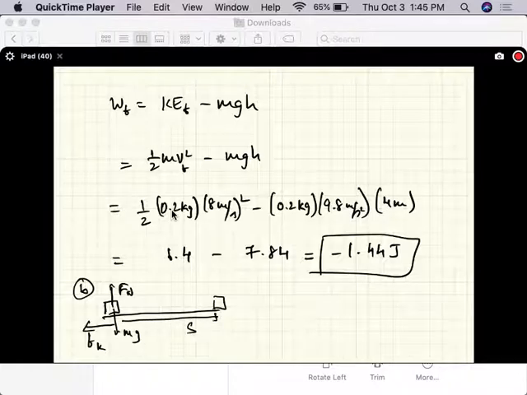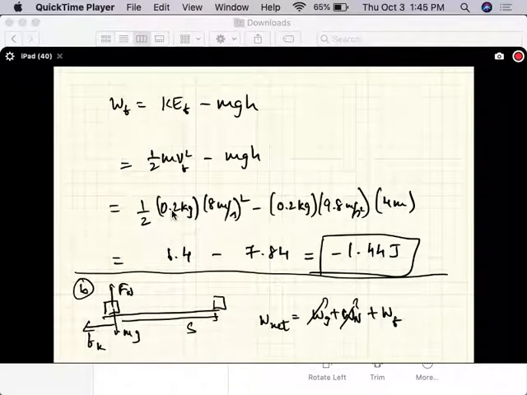So the net work done is work done by gravity plus work done by the normal force plus work done by the friction force. Along this path, gravity and the normal force do zero work, and that is equal to final kinetic energy minus initial kinetic energy.